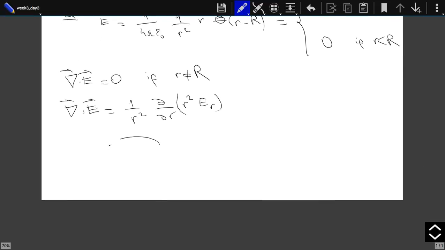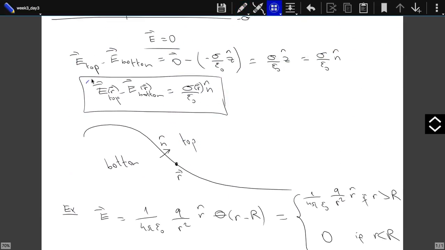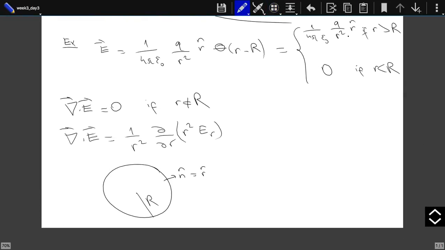Now, that surface is this one. It's a sphere. Let me choose my n vector to be the radial vector. Now, I will use this relation over here. Since this is my n vector, the top is this region over here, the top of my surface.